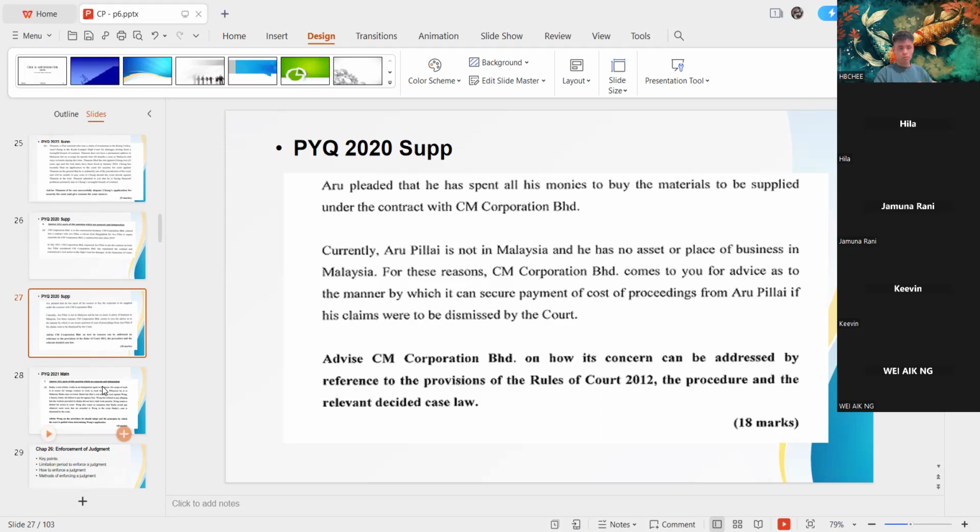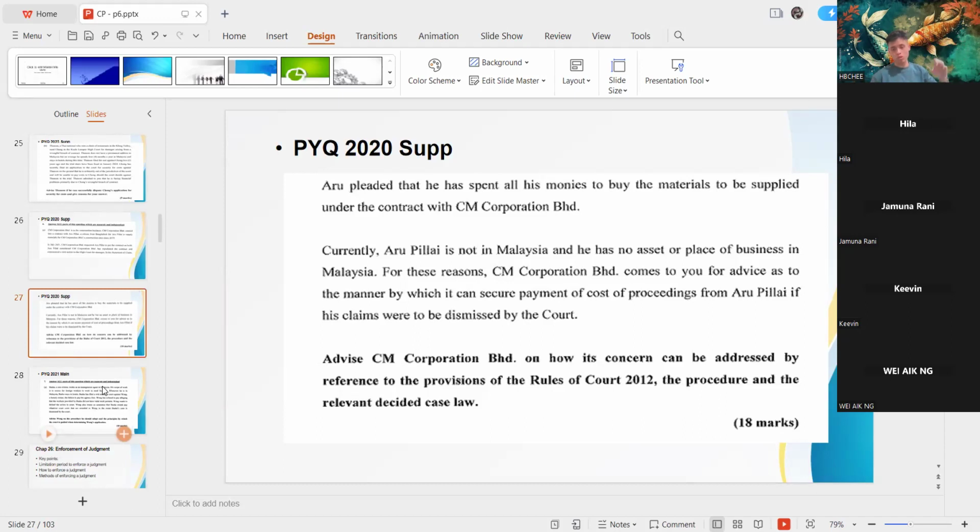Because first thing is, who are you advising first? You are advising at the CM. And then because it is a 18 marks question, you cannot run away. You have to tell the examiner, these are the possible defense raised by the other party, but how can we overcome it? That is the reason why my suggestion more than 15 marks question please don't answer. Because you see, the question is just a short, but the details is more than you have to explain.